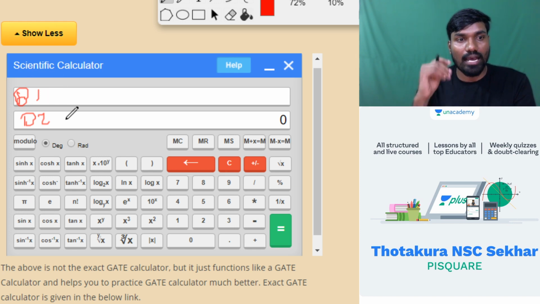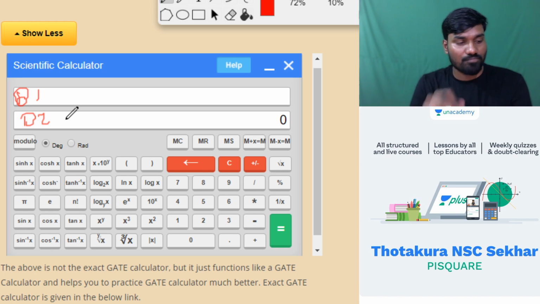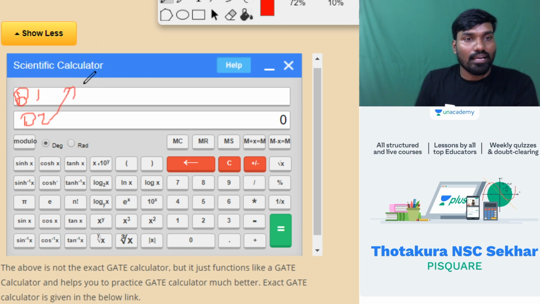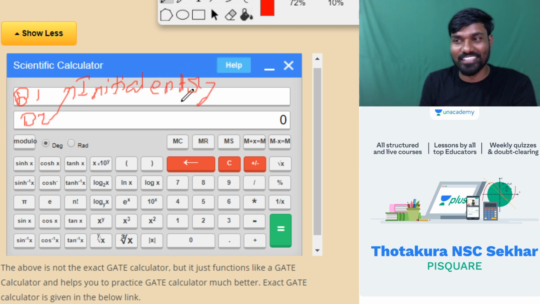Display 2 has 3 functions. You should be very careful with display 2 because it has 3 functions. Take a note of this. The first function of display 2 is initial entry. I know you will not note it, but if you don't, you will face trouble later on.